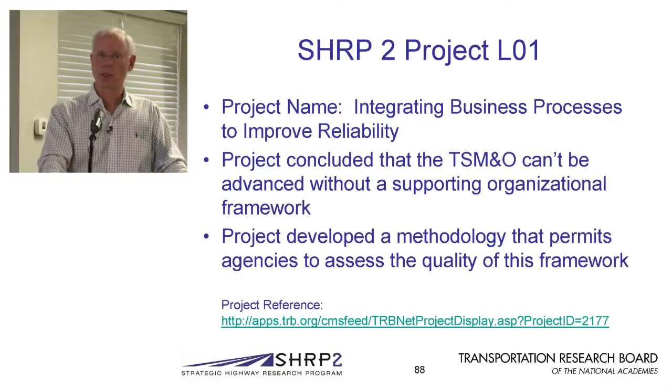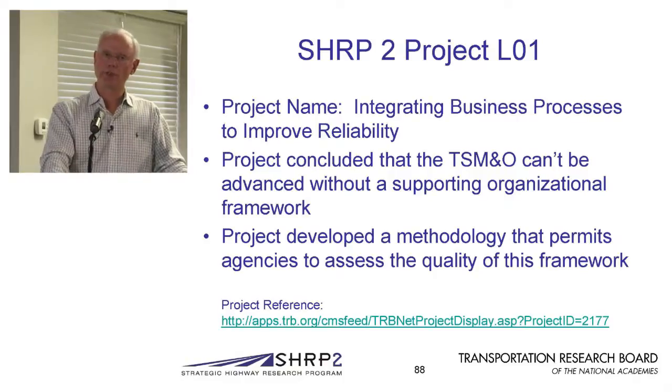And so it asked that question, did some surveys, and concluded that the reason that some are better than others didn't have anything to do with the technology or those kinds of things, but had everything to do with all these processes that support TSM&O as a program.